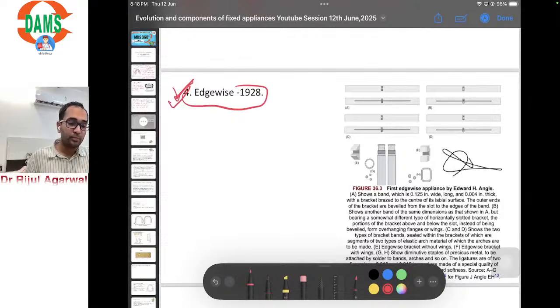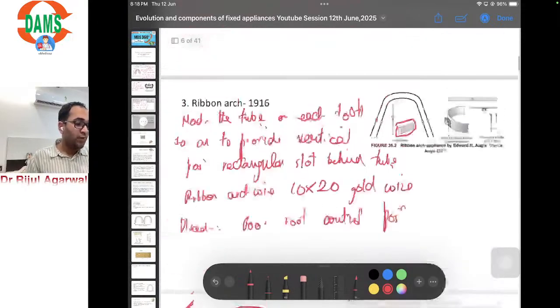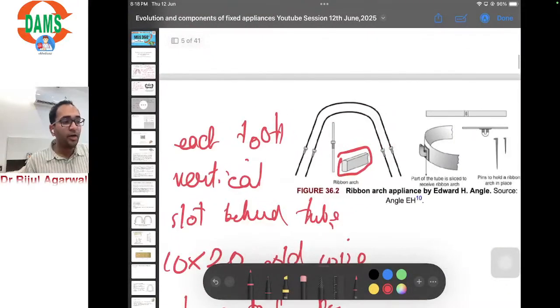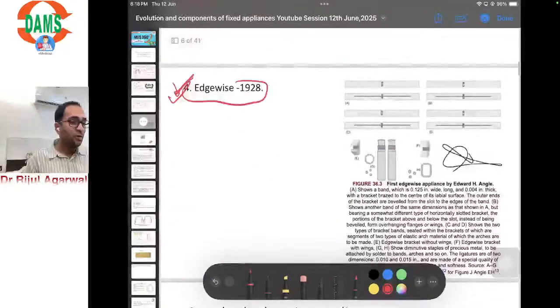Till now, what we used to have was this vertically oriented slot. What Angle did was he rotated this vertically oriented slot from vertical position to horizontal.